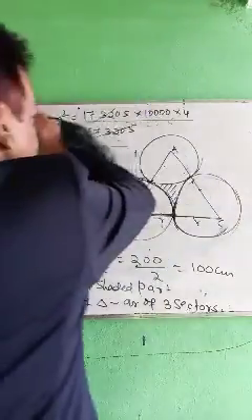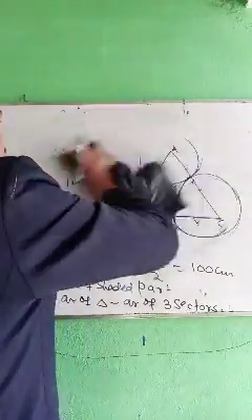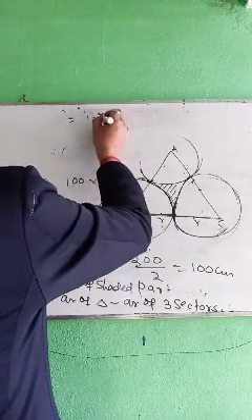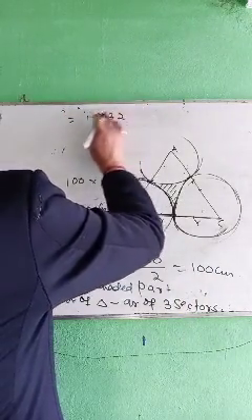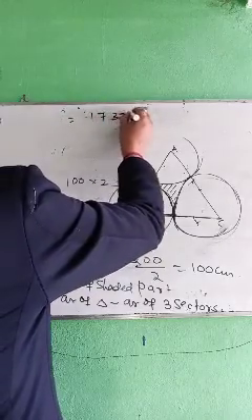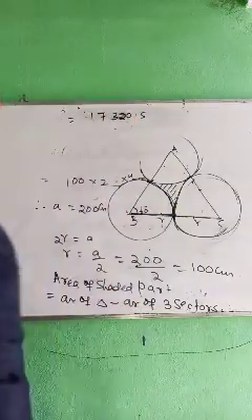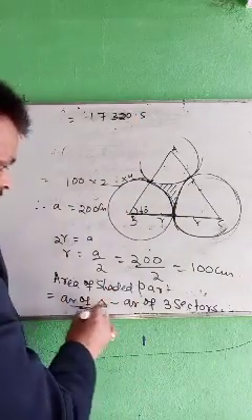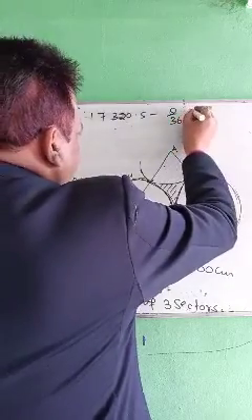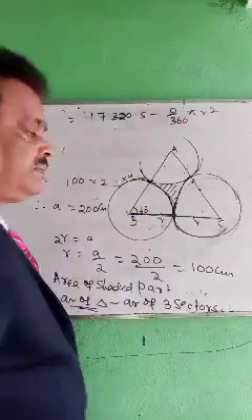So put the values. What is area of triangle? 17320.5. This is area of triangle given to us. Theta by 360 pi r square.